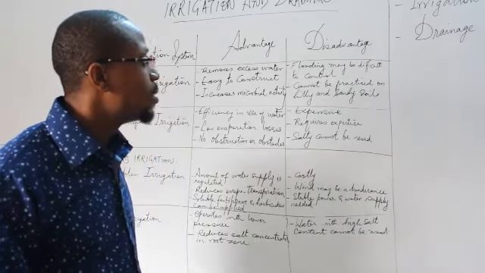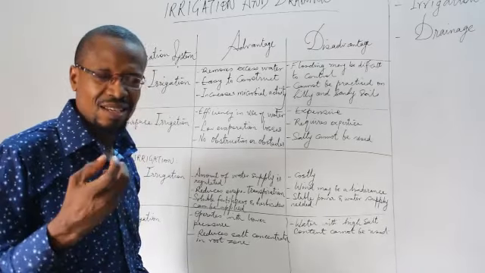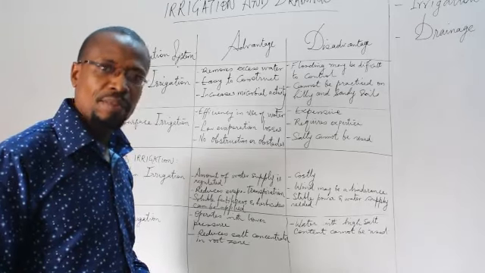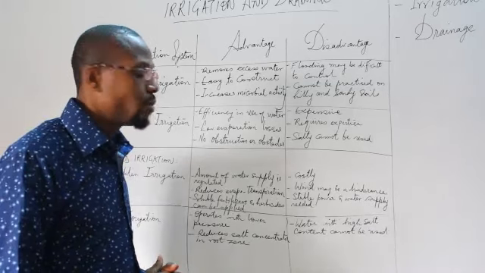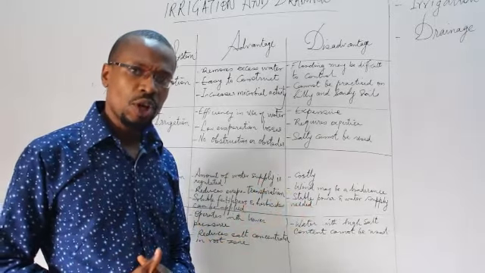Now we will quickly look at drainage. However, before that, let's talk about a few problems that may be associated with irrigation systems.